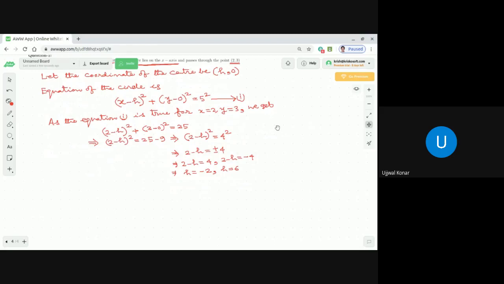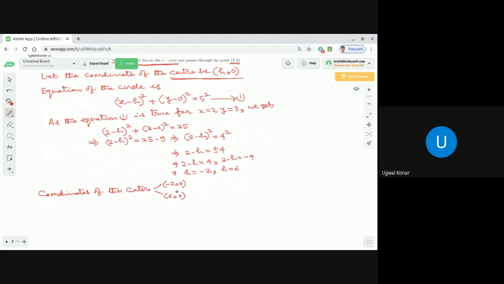As we understood, the center is at the point h, 0. So there are two centers. The coordinates of the centers are: one is minus 2, 0 and another is 6, 0.